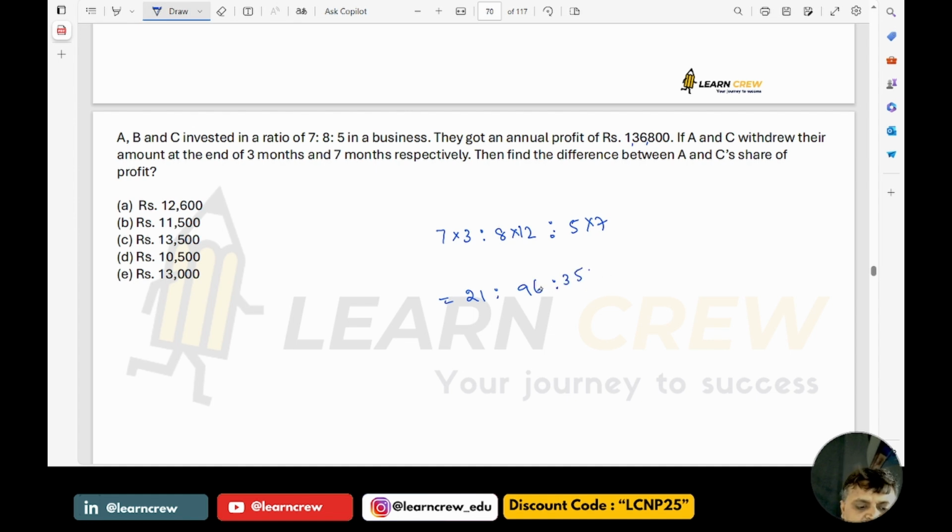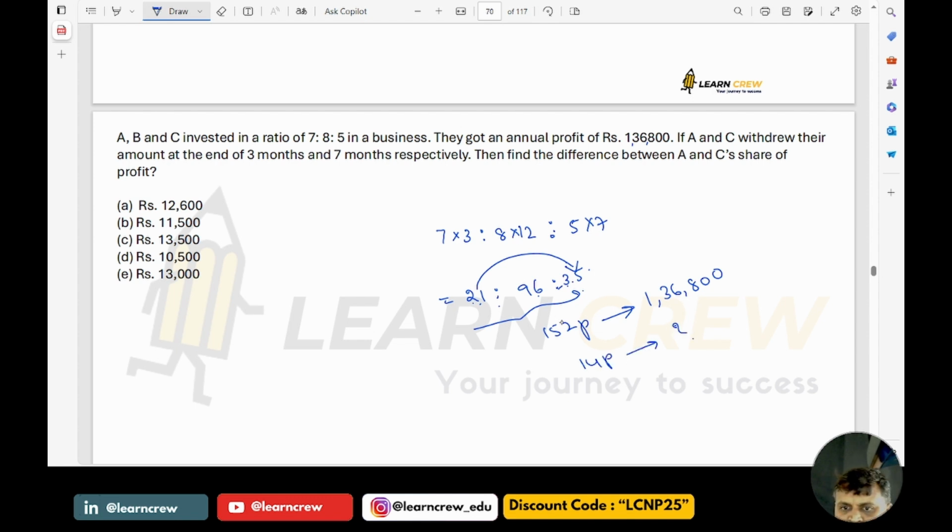Okay, the total annual profit is how many parts? 96, 21 plus 35 is 56. 96 plus 56 is 152. These 152 parts are 1,36,800. Thereby, the difference between A and C is how much here? 35 and 21 difference is 14 parts. 14 parts is how much?